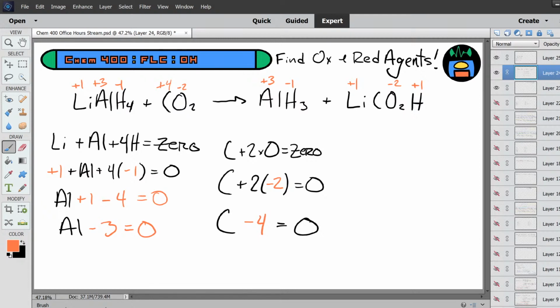And now we can solve for the oxidation state of carbon, because the oxidation state of lithium plus carbon plus our 2 oxygens plus our hydrogen must equal our total charge, which is 0. Lithium's +1. We do not yet know carbon's oxidation state. We do know oxygen is -2.